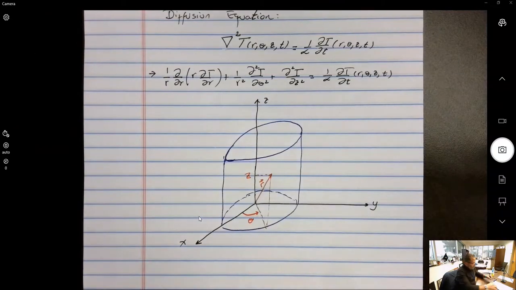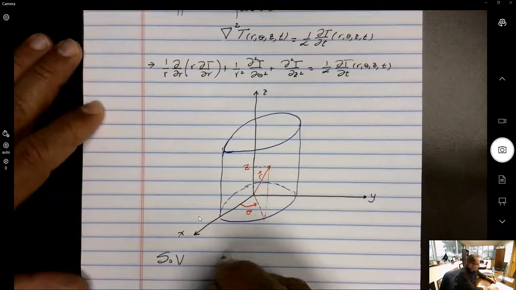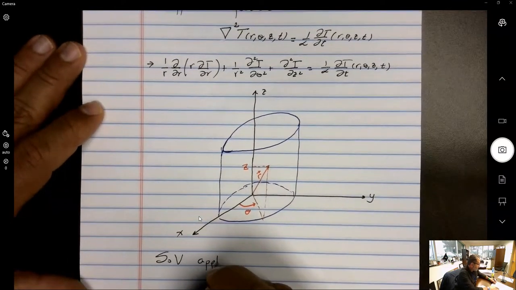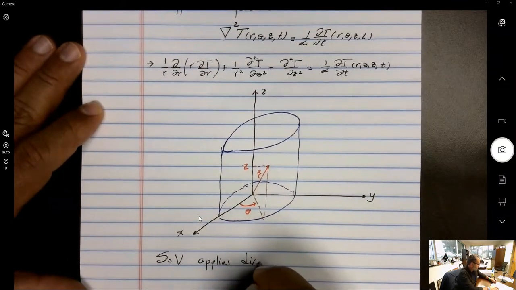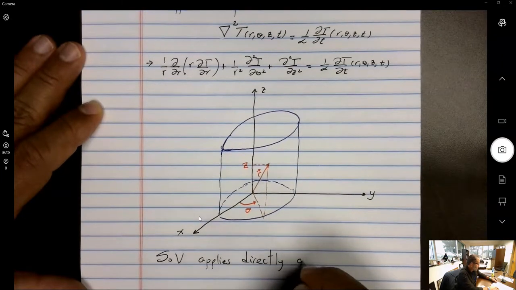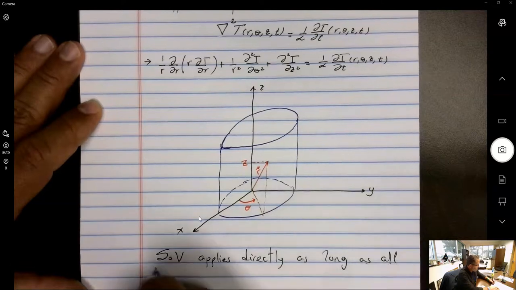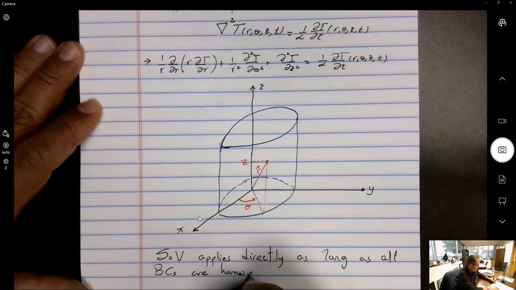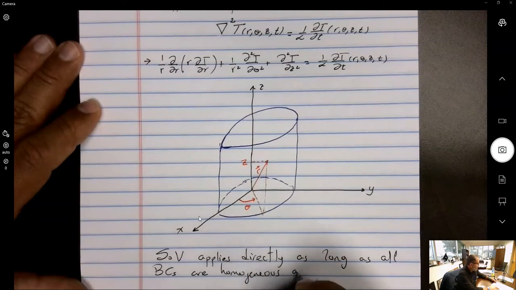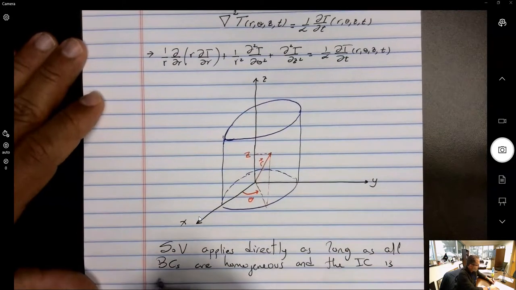So SoV, separation of variables, applies directly as long as all boundary conditions are homogeneous and the initial condition is non-homogeneous.